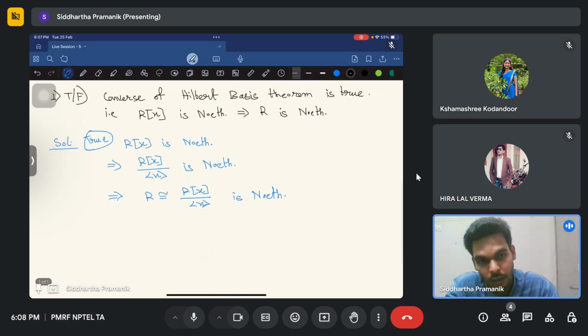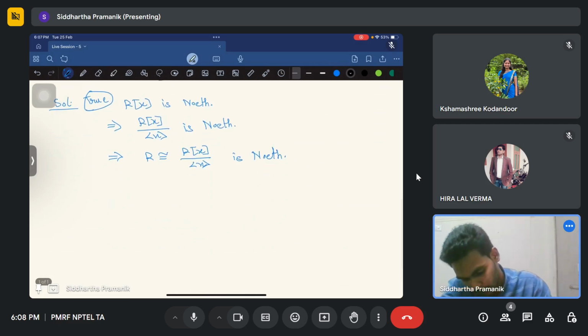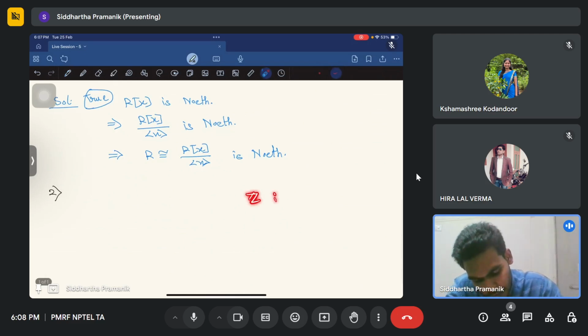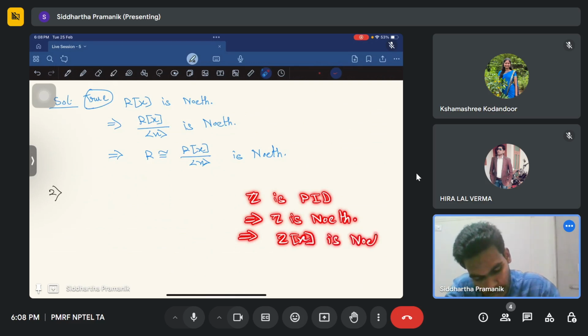Okay. Now let's study a couple of properties of the ring Z[x]. We all know that Z is a PID, right? And PIDs are Noetherian. So Z is Noetherian. By Hilbert basis theorem, Z[x] is also Noetherian, right?